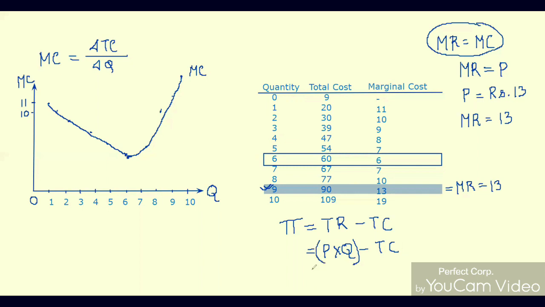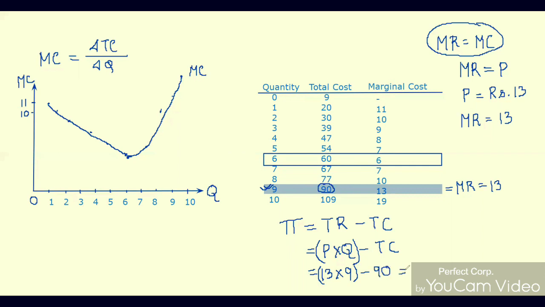Now here the price is given, which is nothing but 13, and quantity, that is the profit maximizing quantity, we will take, that we will multiply here, which is 9, and the total cost, value of the total cost that we can get to produce 9 units of output is nothing but 90. So this is the total cost value. So we will put it 90.